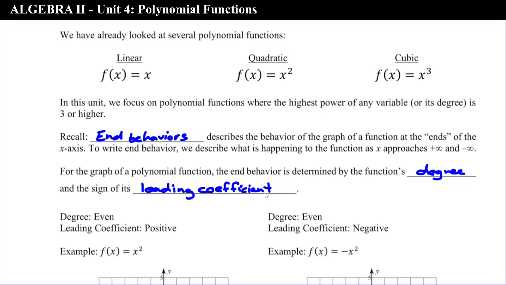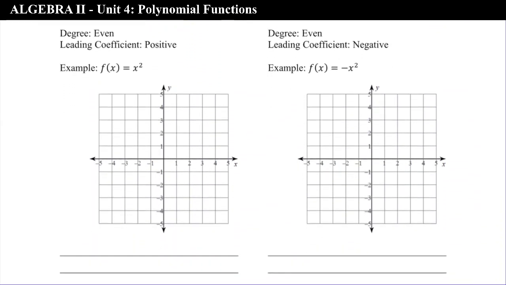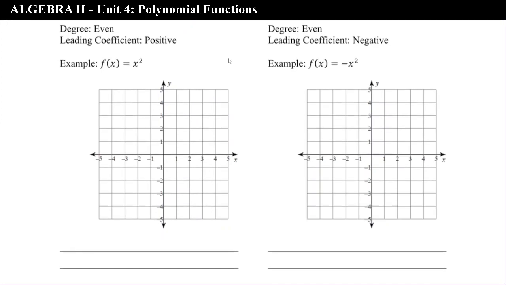So let's start this from a basic view, okay? We're going to take a look at a quadratic and cubic function and figure out what that end behavior looks like. So let's start with a quadratic function, okay? If we have something that is even, like x squared, the degree is even, so that 2 in our squared tells us that's an even exponent.